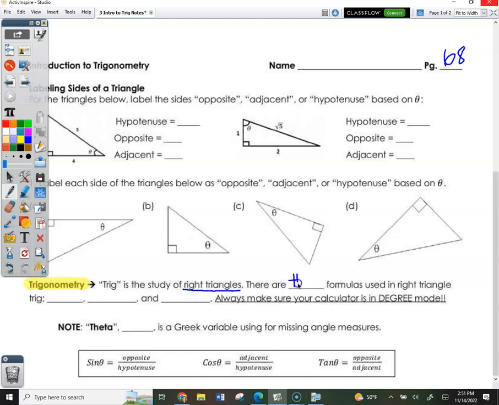There are 3 trig formulas that we're going to learn. They are sine, cosine, and tangent. Sine, cosine, and tangent.